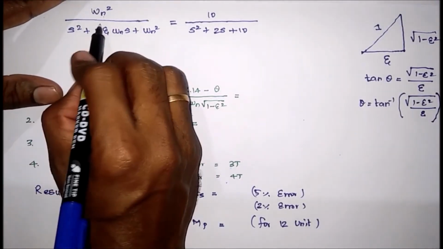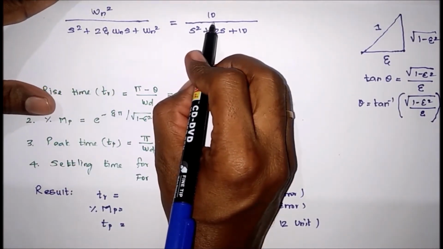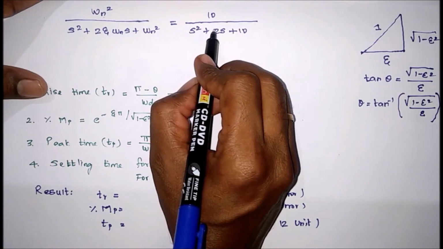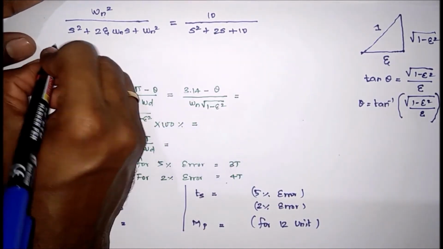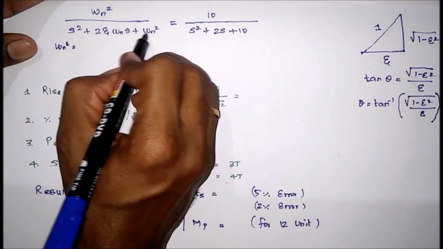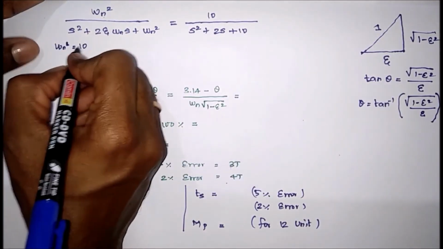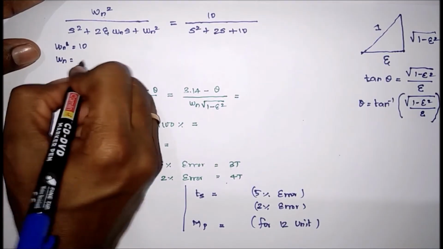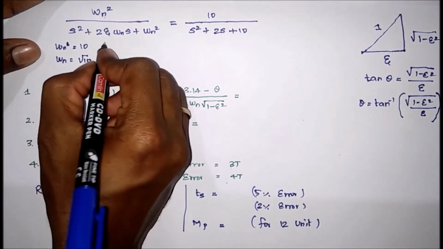From the given problem, we see omega n square is 10 here, and 10 here also. Therefore omega n square equal to 10, omega n equal to root 10.